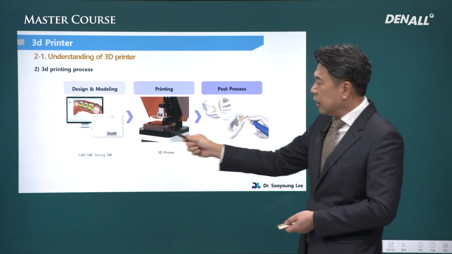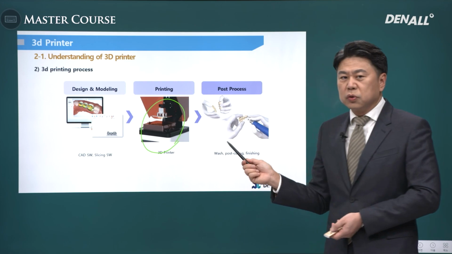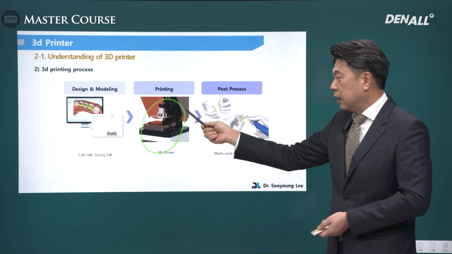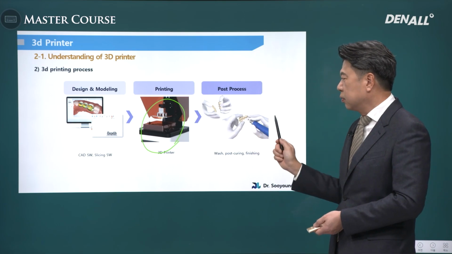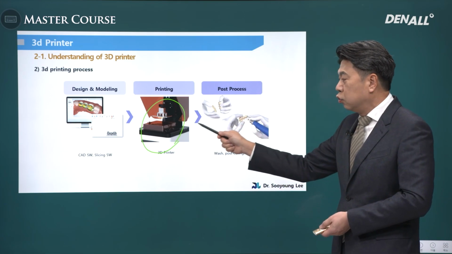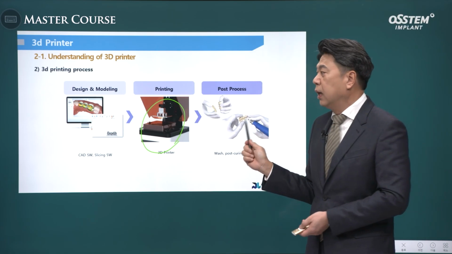It uses a CAD and is built up using a 3D printer. After fabrication, post-processing should be performed. Sprues need to be removed, and post-curing and finishing should be performed.